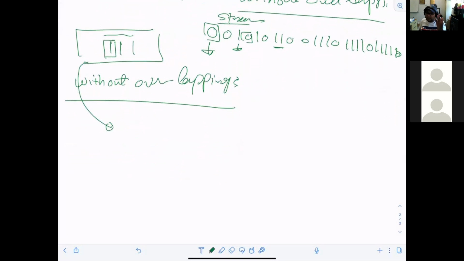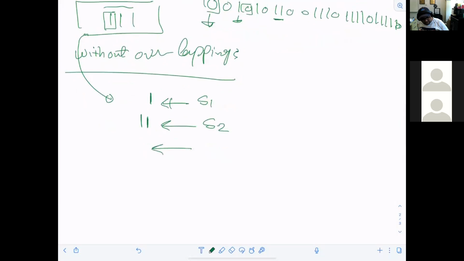I have a 3-bit pattern input. If I found just one 1, that's called state S1. If I found two of the ones, that's going to be my S2. Then if I find 1, 1, 1, then yes, this is the pattern.